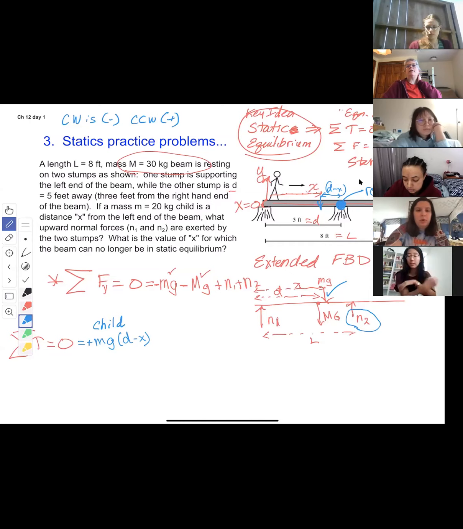I'm not hearing anything from Angela. Piper, can you give me, I don't want to say a guess, but what do you think would be the torque caused by that N2 in our diagram, if the rotation axis is right there above the location of that tree trunk?